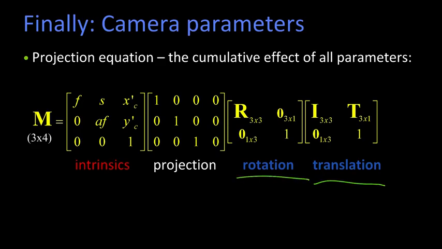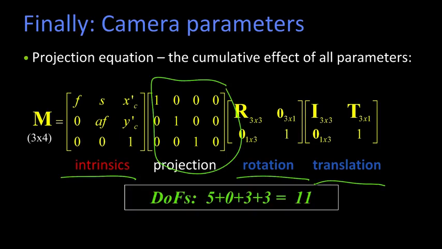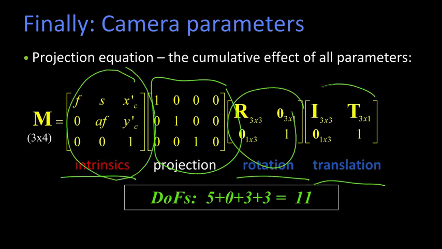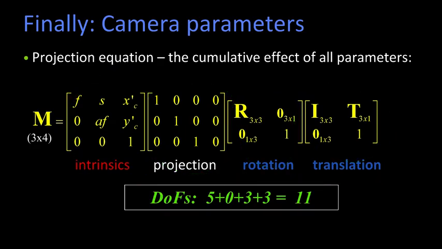So now we have the point in the 3D camera coordinate system. Project, this is just the extraction of the XYZ, and then you pump that through the intrinsics. And how many degrees of freedom are there here? Well, there are 11. 5 for the intrinsics, 3 for the rotation, 3 for the translation. I'll get rid of all that scribble. That equation there, that M, that is the full camera calibration matrix.